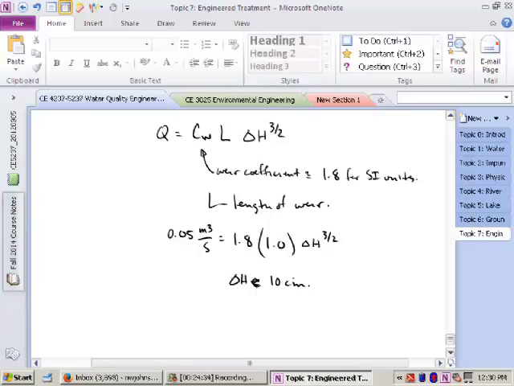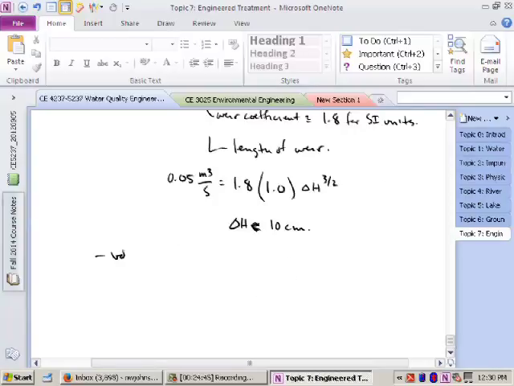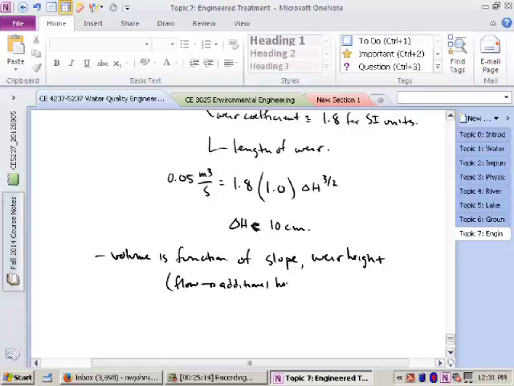So now the volume is a function of the slope, weir height, and to some extent the flow, in as much as it leads to additional height behind the weir.